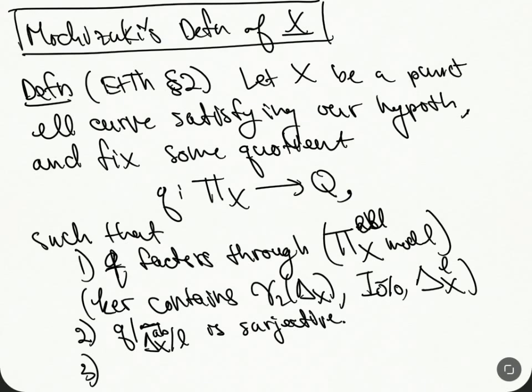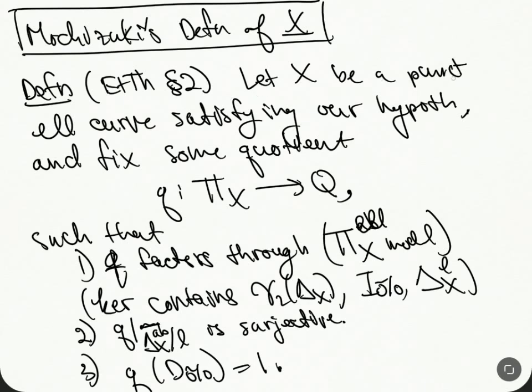The third thing is that Q applied to the decomposition group D tilde over O is equal to 1, or maybe 0. And what we saw before tells us that the cover determined by this quotient is going to be K-rational.